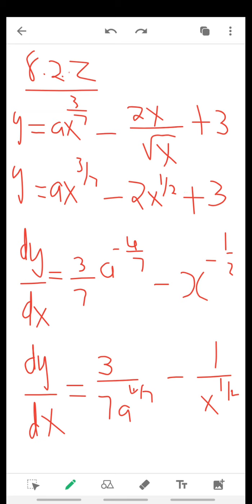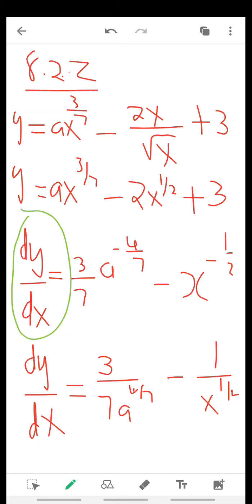The exponent at the top minus the exponent at the bottom. Okay, now we end up with this. I haven't derived, I was just fixing this here. Okay, this is one of the rules that you need to master when you are dealing with derivatives. First, rewrite your expressions or the terms in the right order so that you can be able to derive them. Okay, now are we ready to derive?